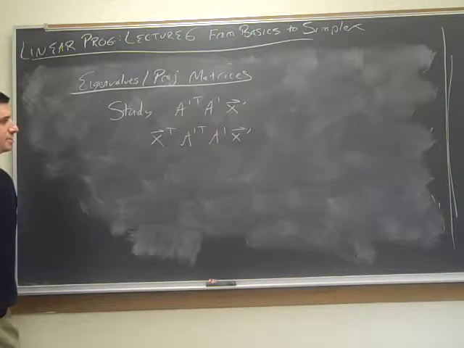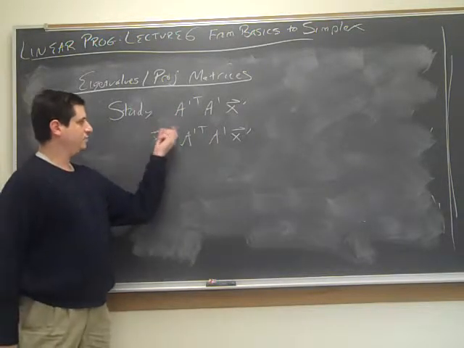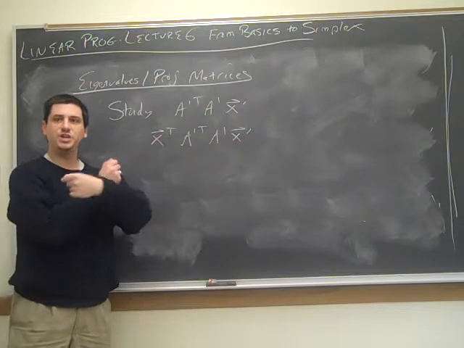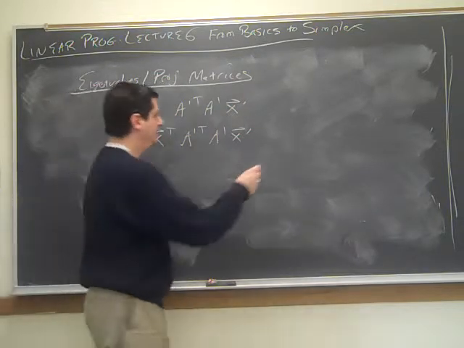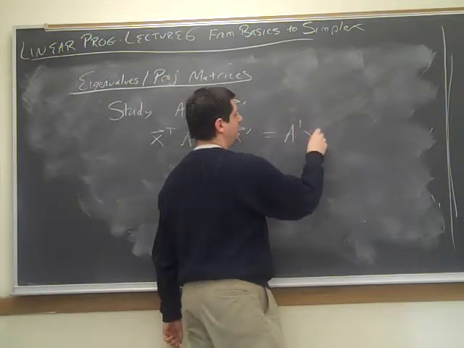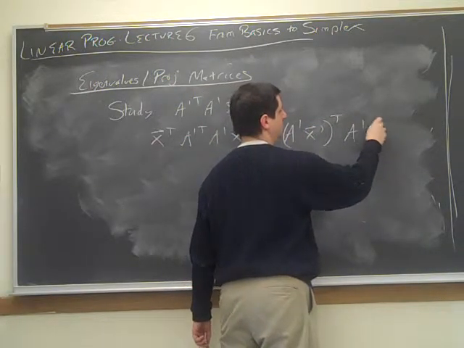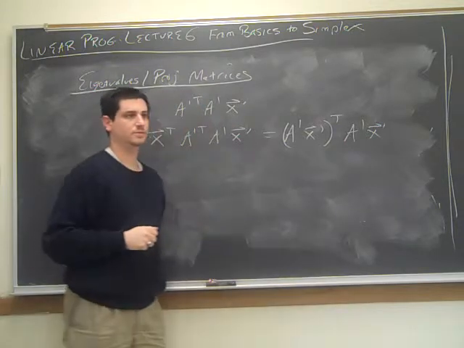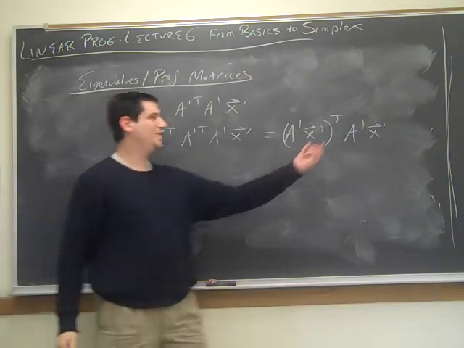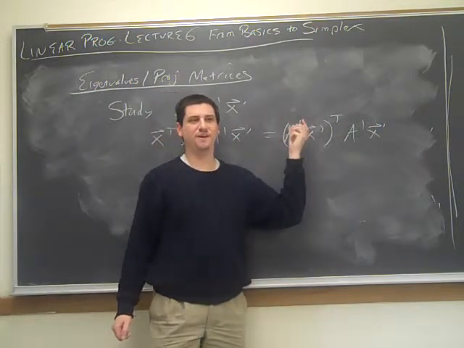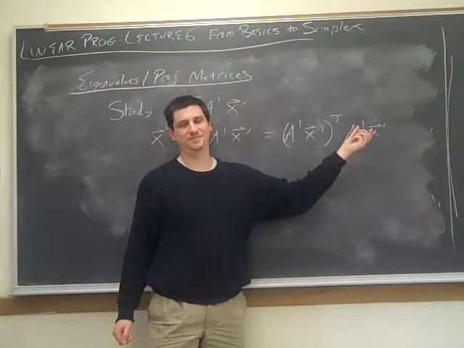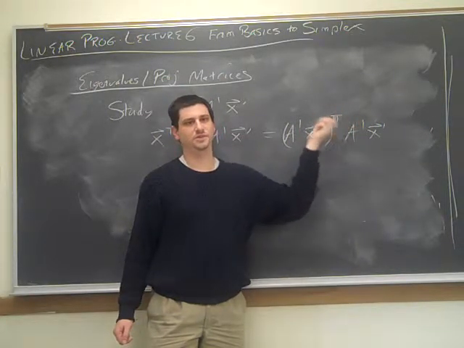Why is this a good thing to study? Well, look, X transpose A prime transpose. When you take a transpose, you switch the order of things. This is the same as (A prime X prime) transpose times A prime X prime. What do you get when you have a vector transpose vector?